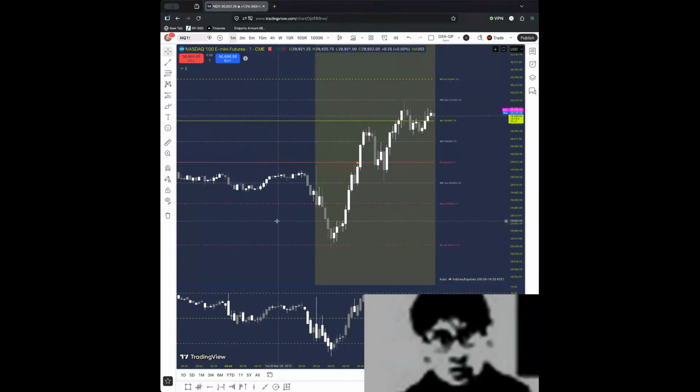They took it up. Bears are trapped. They're sideways at the top. These tiny little candles now.